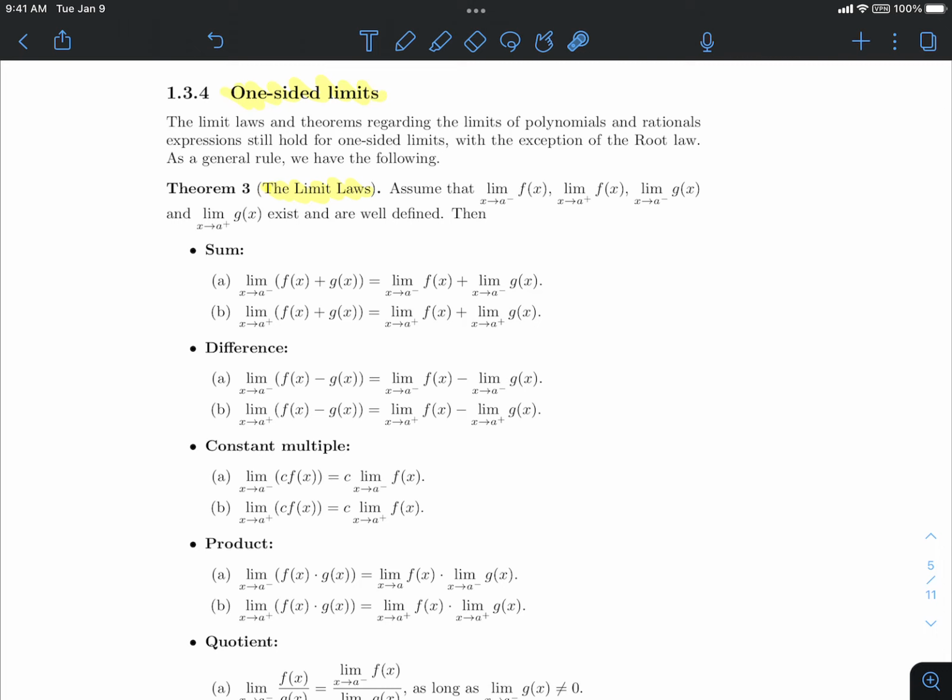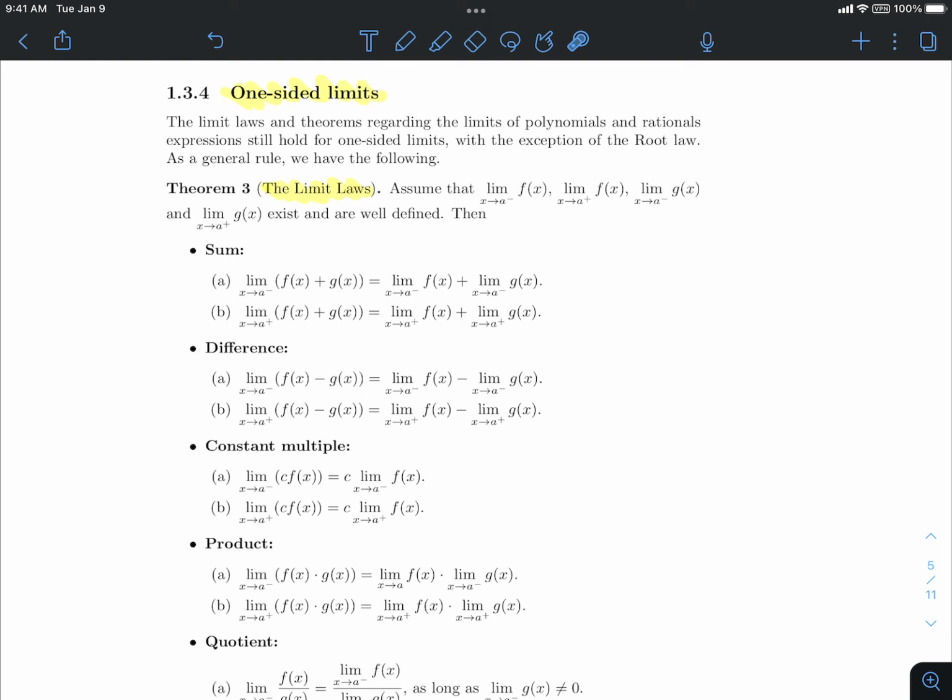And the same thing holds when x approaches a from the right. I'm not going to read each of those because I don't want to bore you, but the idea is that everything that worked for regular limits, which are called two-sided limits, works for one-sided limits as well.